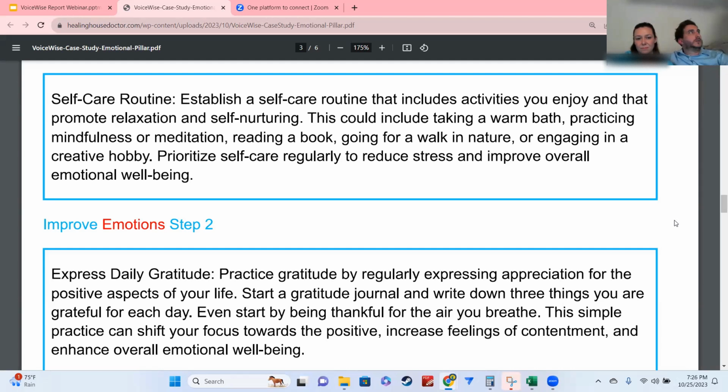So there were 2 studies on visualization. In one, they took a basketball team and wanted to study free throws and visualization. One group practiced free throws every day of the week. Another group sat at home every day and just visualized making the free throw.